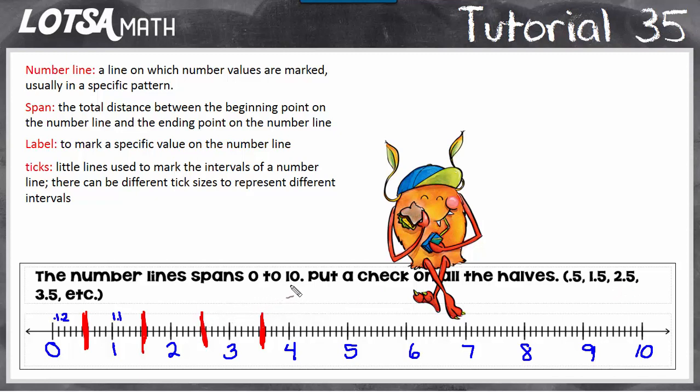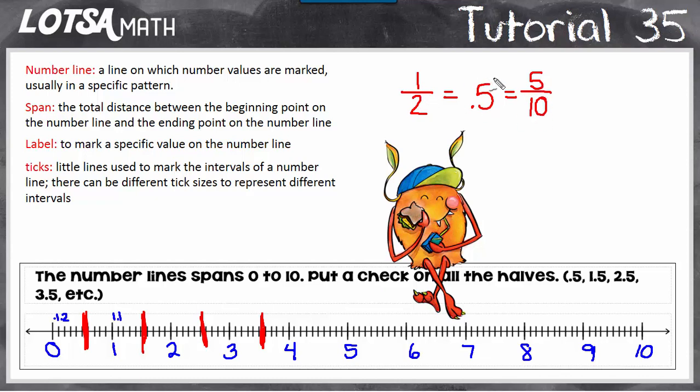So let's talk about why a half can be 5/10. How can a half be 5/10? You first want to remember that 0.5 can also be written as a fraction, 5/10.